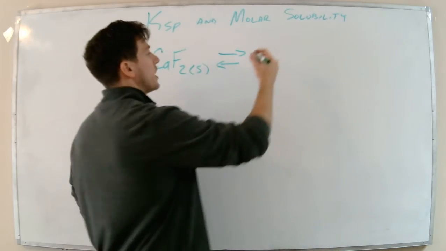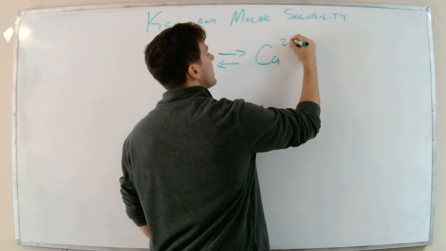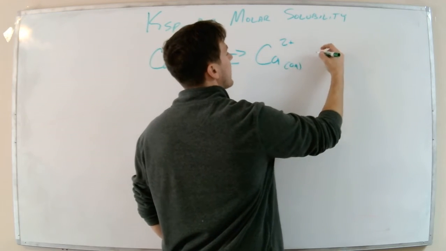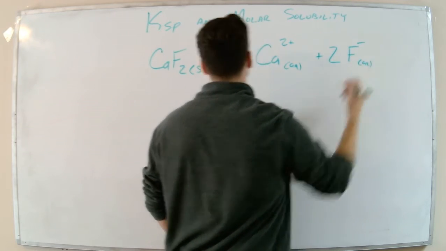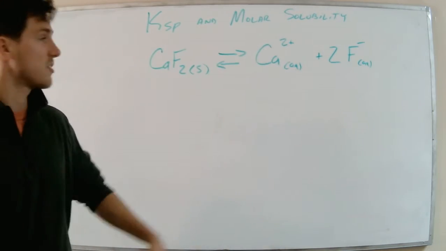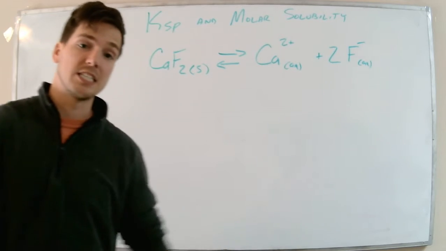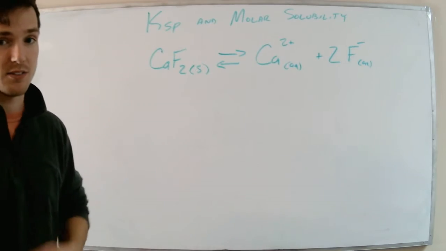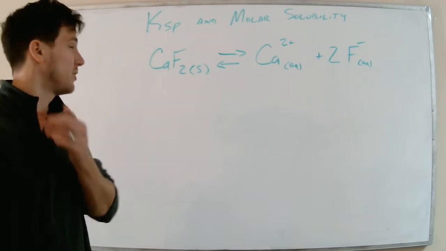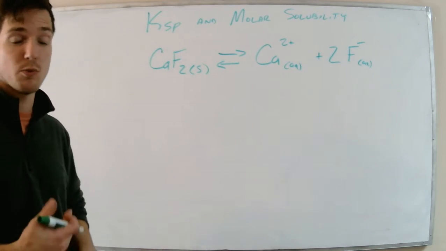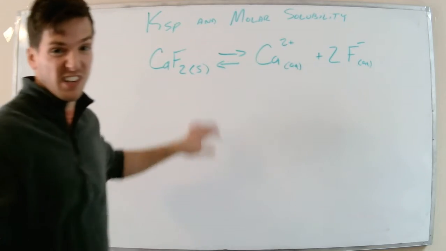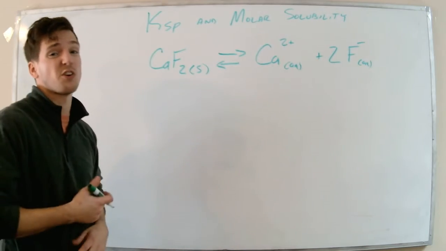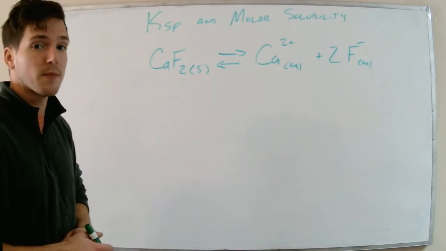So it will dissociate into Ca2+ (aq) and 2 F minus (aq). We had 2 fluorines there, so now it's going to dissociate completely into those 2 F minuses. So be aware of that. When you've been in the trend of acids and bases where you're just giving up 1 H, now with Ksp, whenever you see a solid on the left side, we're dissociating it completely into its ions.